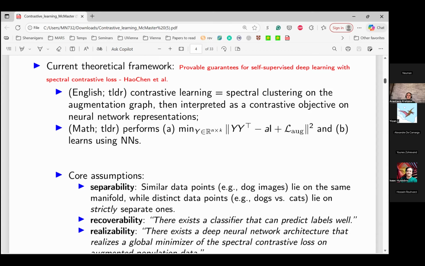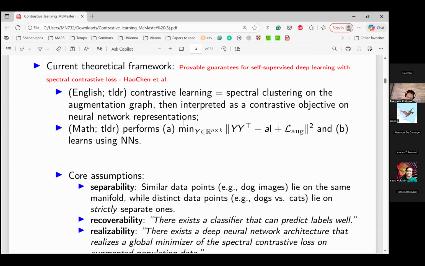You can basically paraphrase the philosophy of that paper: they interpret contrastive learning as spectral clustering on the augmentation graph. The augmentation graph is the graph that I just described. And then they interpret the contrastive learning task as a contrastive objective on neural network representations.